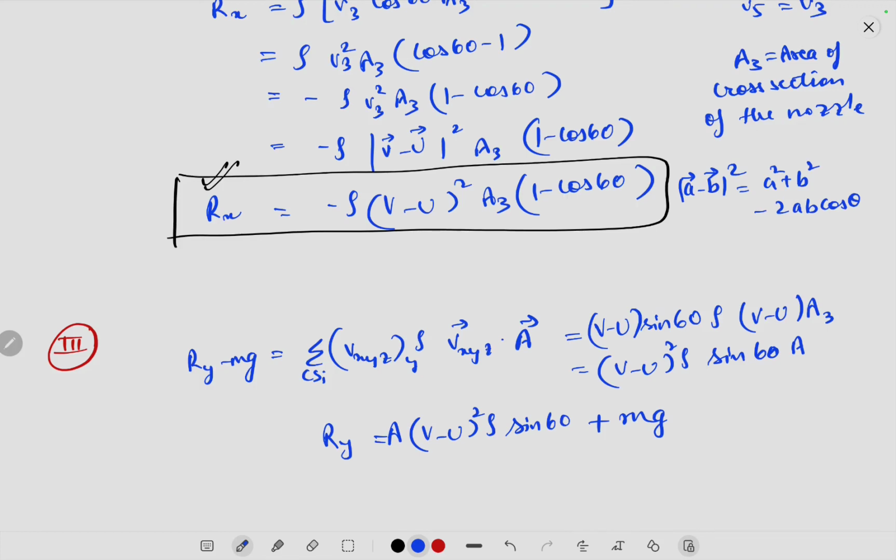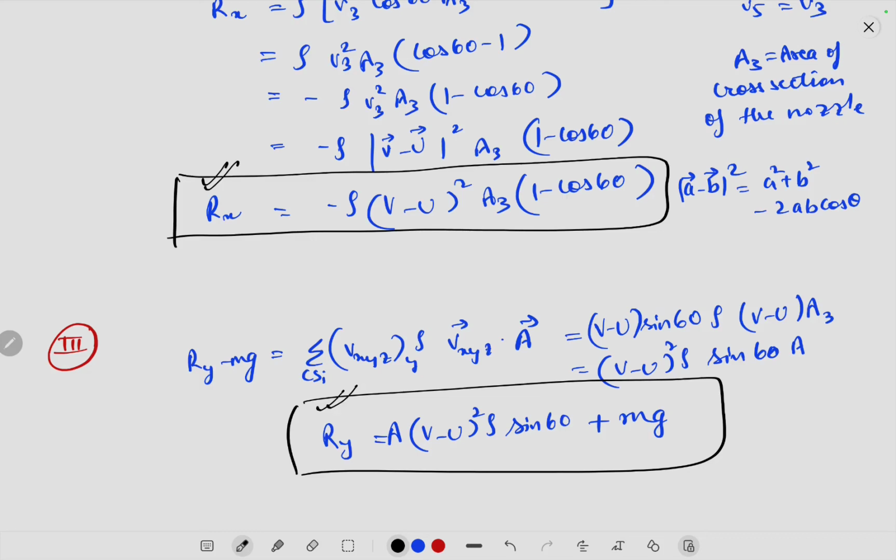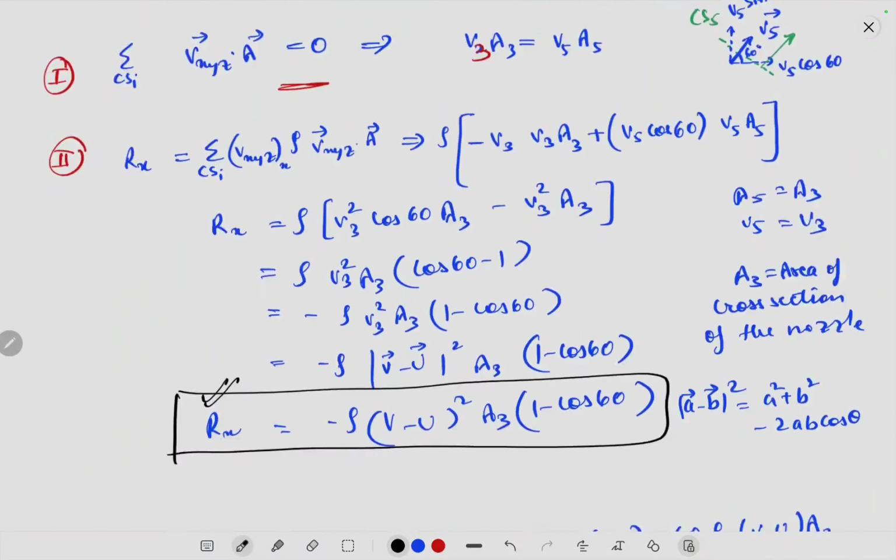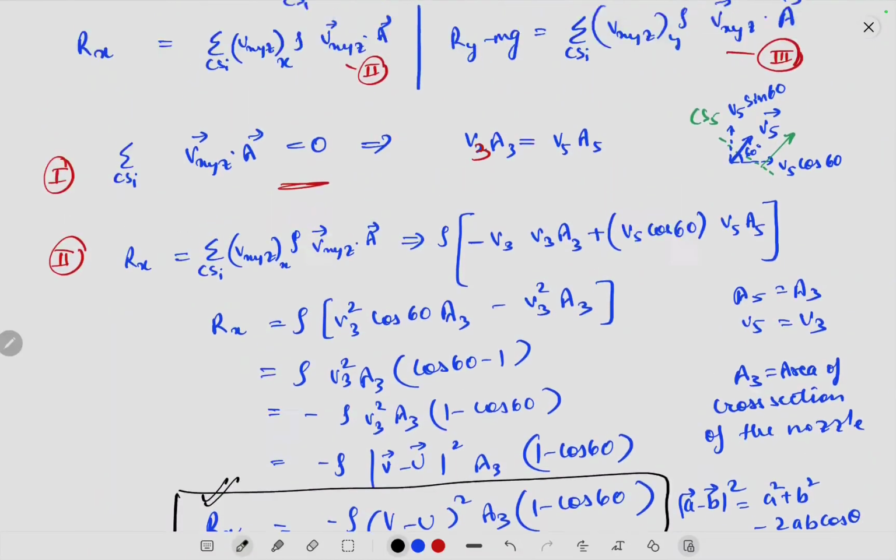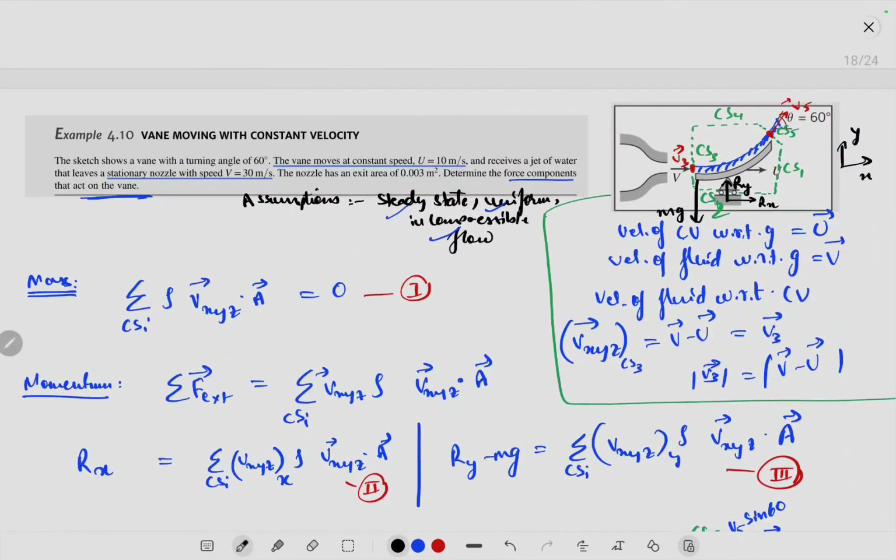Now we have the information about Ry and we have the information about Rx. So we have the information about all the forces that are acting on my vane. Since this Rx is found to be negative, it implies the direction that I had considered for Rx earlier is wrong. It is opposite to that.